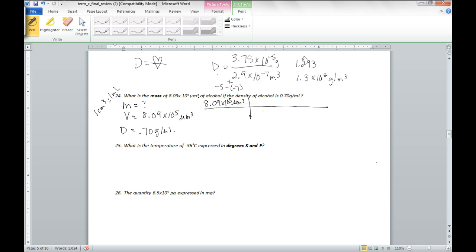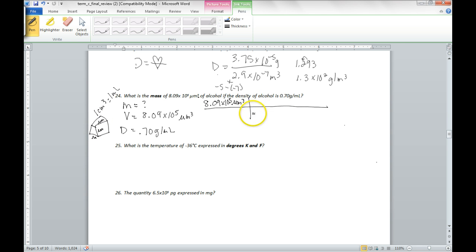So, and it's cubed, so we're going to have it 3 times. Think of the box. We have micrometer times a micrometer times a micrometer. So it has to happen 3 different times.